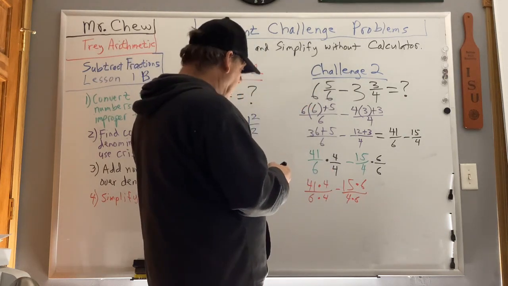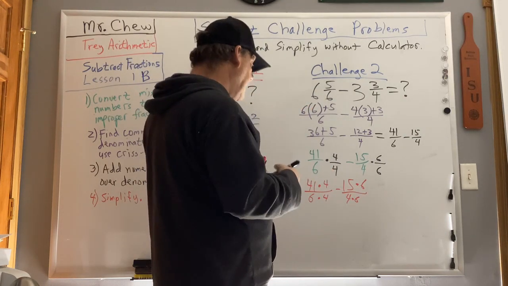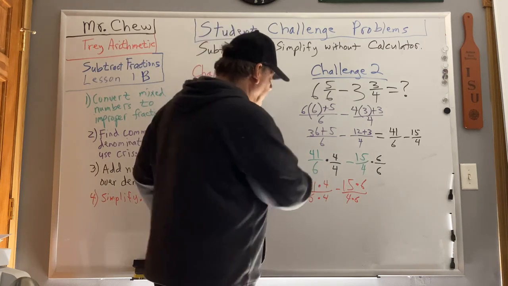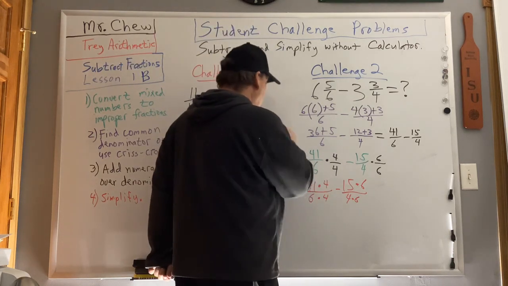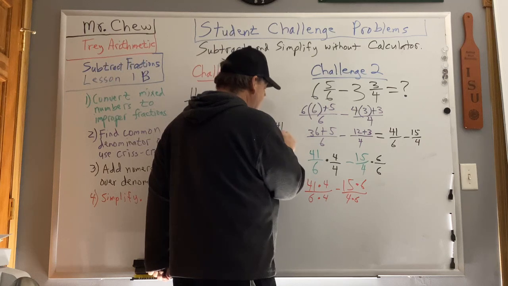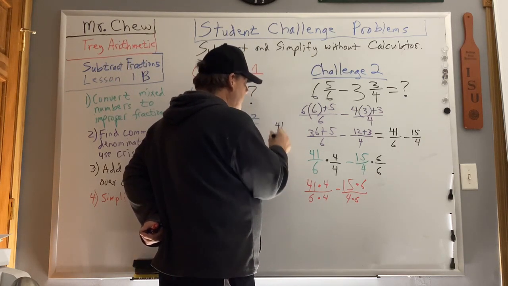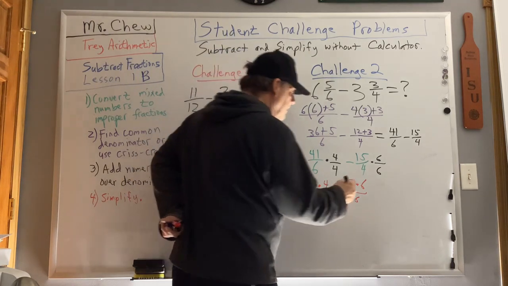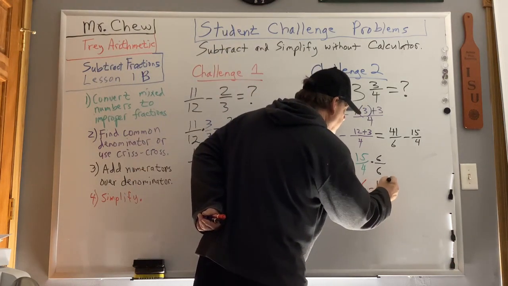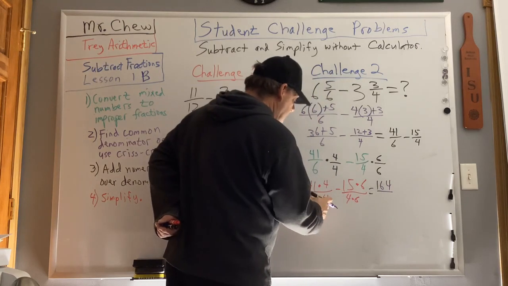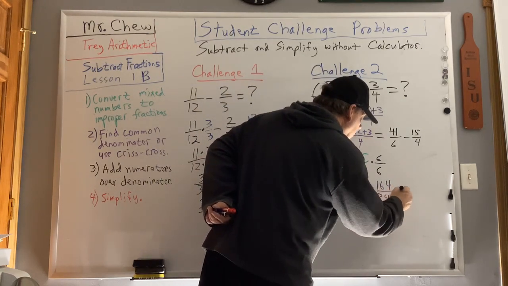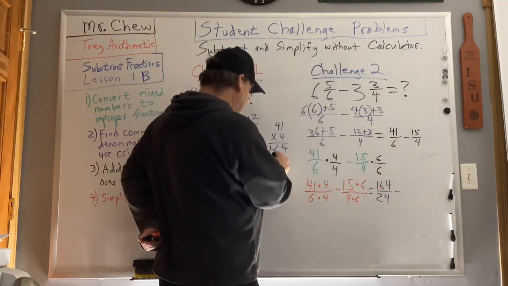Now I can multiply across 41 times 4. This is an arithmetic class. 4 times 1 is 4, 4 times 4 is 16. So that equals 164 over 6 times 4 is 24, minus 15 times 6.